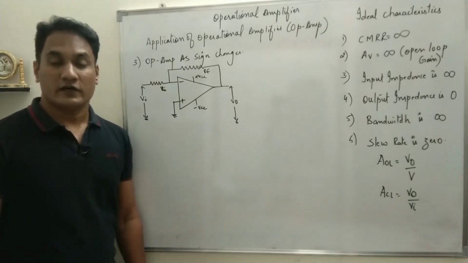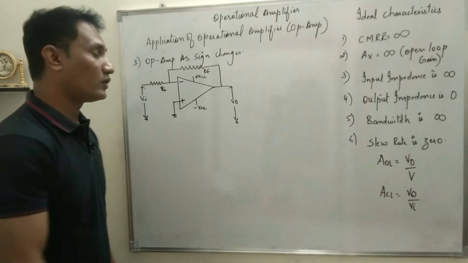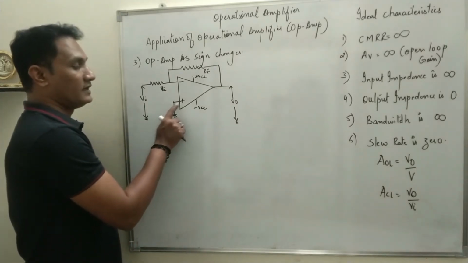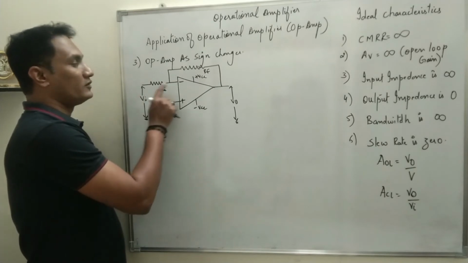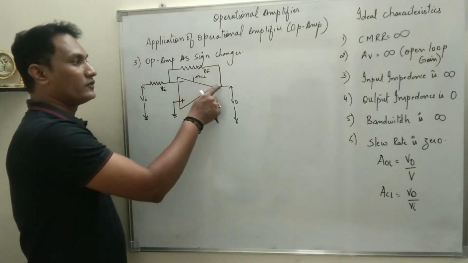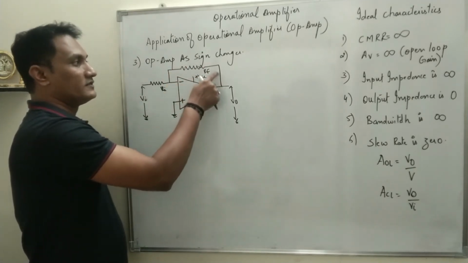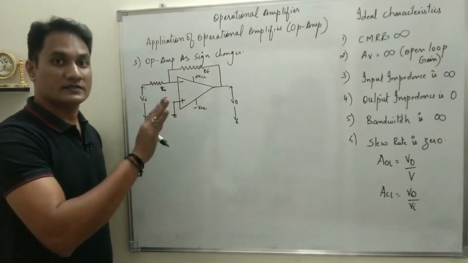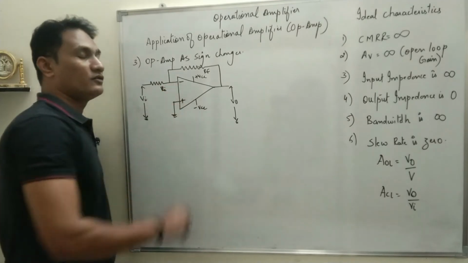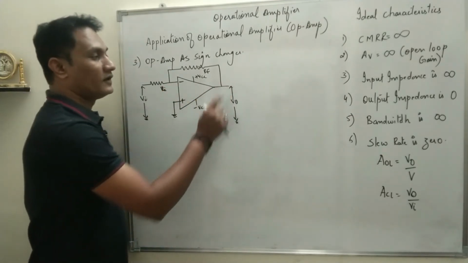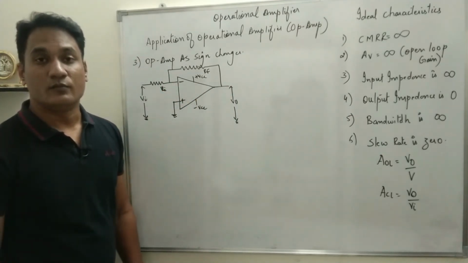The first look of the circuit tells you what it does. The non-inverting terminal is grounded, the input is applied to the inverting terminal, and of course there will be a feedback resistance. When there is a feedback resistance, the circuit is going to be used as an amplifier, and as the input is applied to the inverting terminal, there will be a phase shift of 180 degrees between input and output.